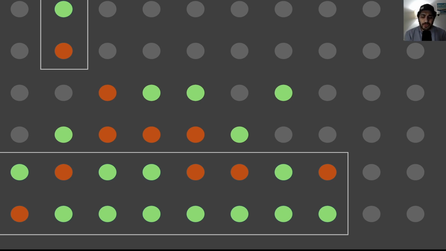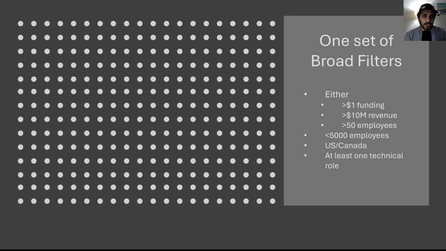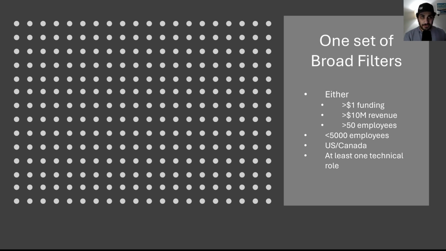Or you could be very exclusive with your filters, and then you risk missing out on great companies that don't exactly align with that particular filter. Okay, so there's a lot of messiness whenever it comes to filters and lists and keeping everything consistent in the list building game. All right, so here's what we're going to do since we're doing this from the ground up.